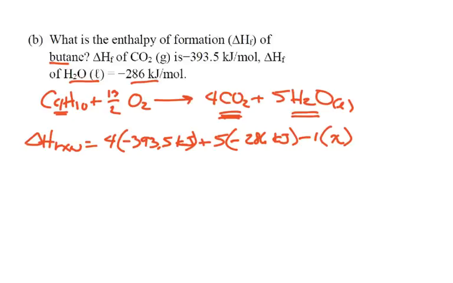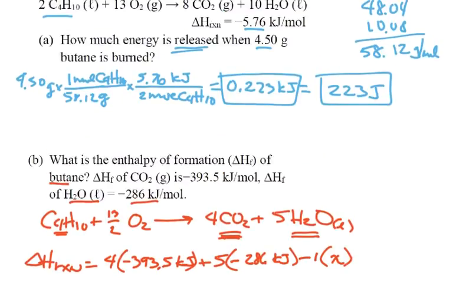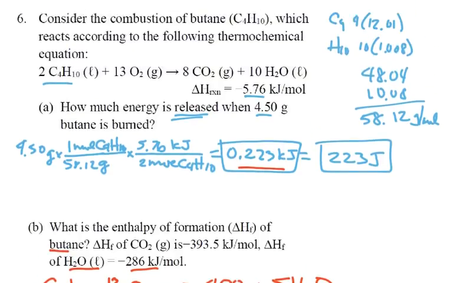That's my X. So my heat of reaction, we just figured out before, was 0.223 kilojoules. No, I'm sorry, that's for 4.5 grams. For 2 moles, I get negative 5.76 kilojoules. So for 1 mole, it would be half of that, which would be 2.88 kilojoules.